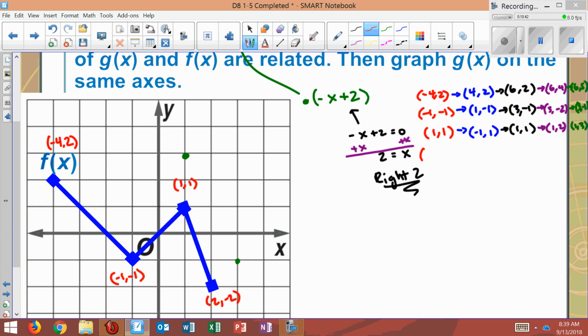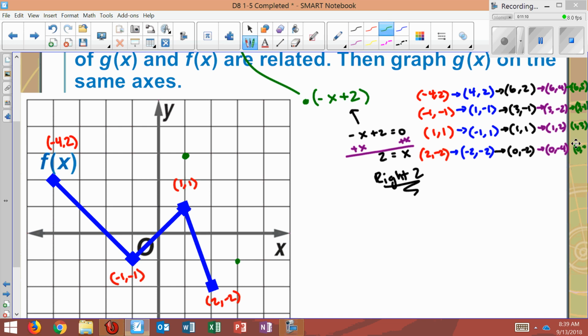So the first step was writing it correctly. Then what did we do? We reflected the x's. So this would become negative 2, negative 2. And then the next one was we added 2 to every x value. So that would be 0, negative 2. And then the next step was we multiplied the y's by 2. So it would be 0, negative 4. And then finally, we added 1.